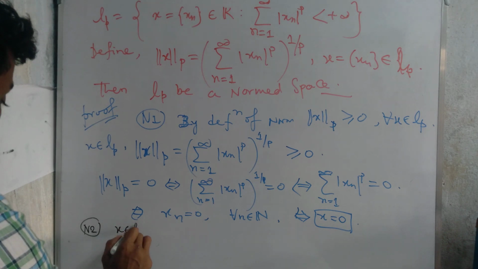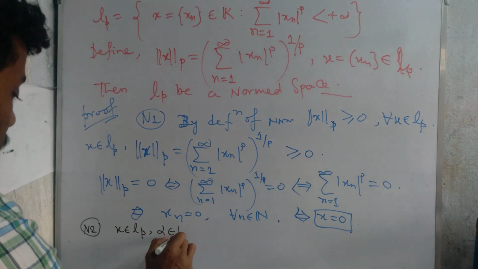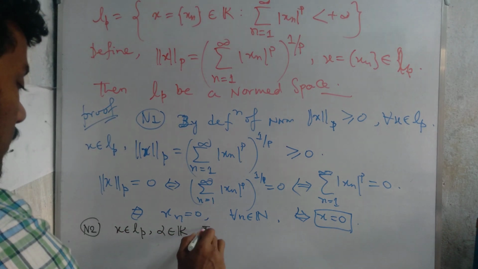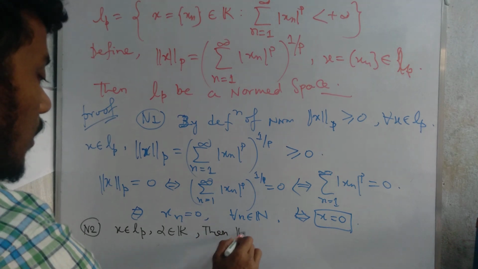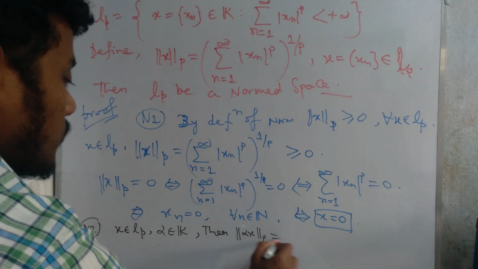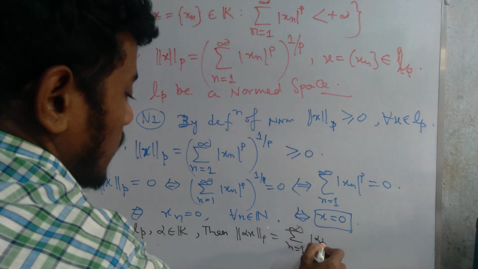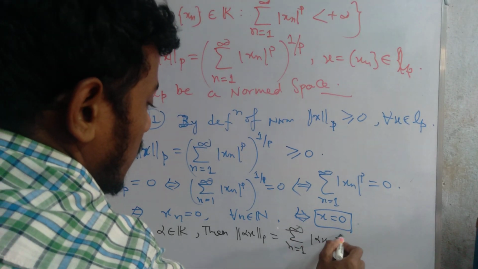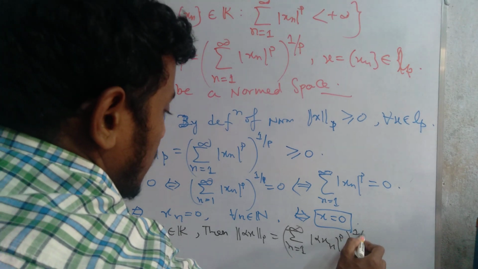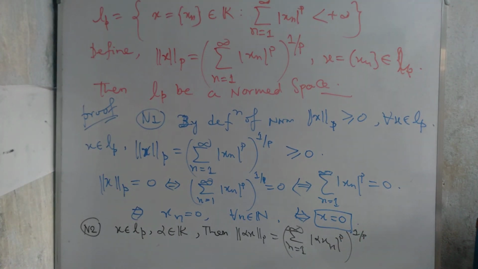If x belongs to l^p and alpha belongs to K, then ||alpha x||_p equal to what? The summation from n = 1 to infinity of |alpha xn|^p, whole to the power 1/p.